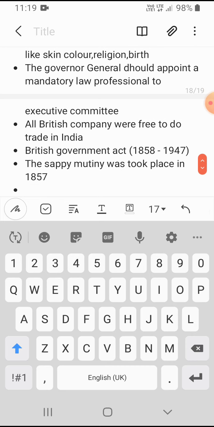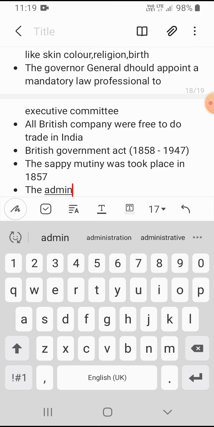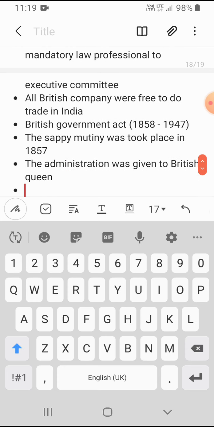By that time, the administration was given to Queen Victoria, the British Queen. She gave some solutions and implemented some new things.